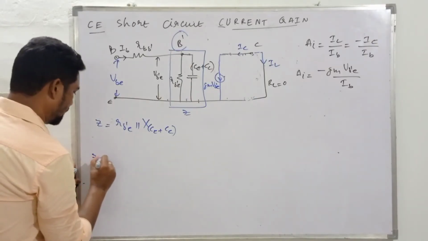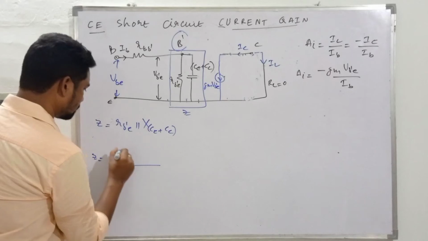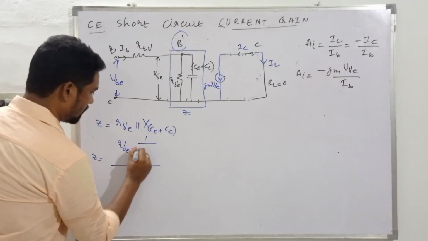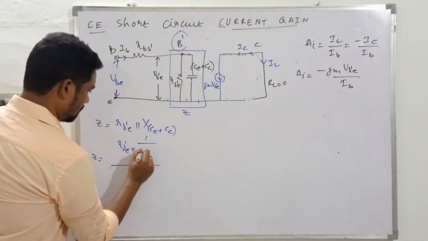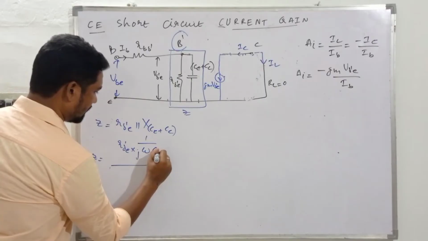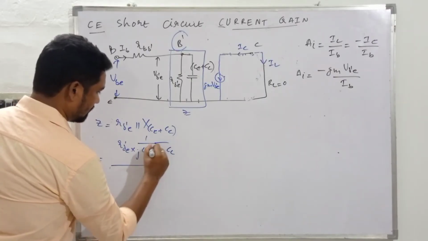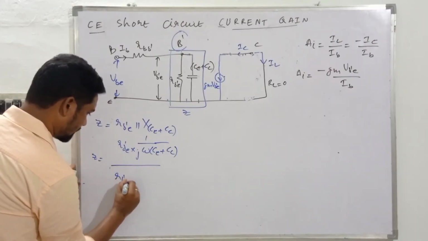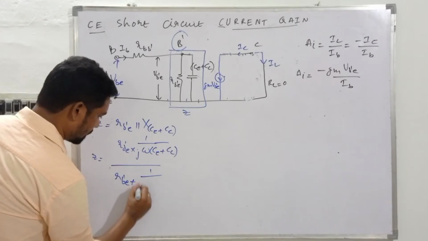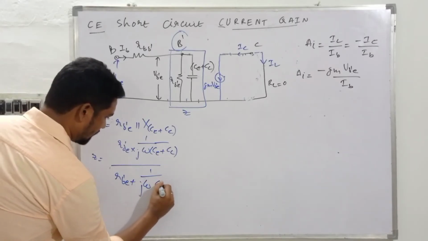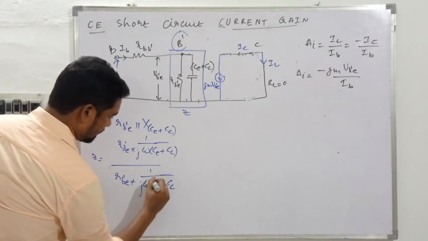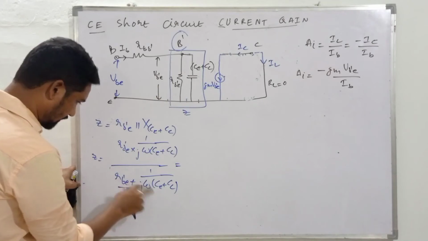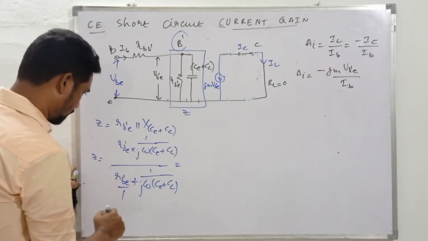So Z will be equal to, what is that? RB'E into 1 by j omega (CE plus CC), the parallel combination, right, by RB'E plus 1 by j omega (CE plus CC). Simplifying this ratio, what do we have?